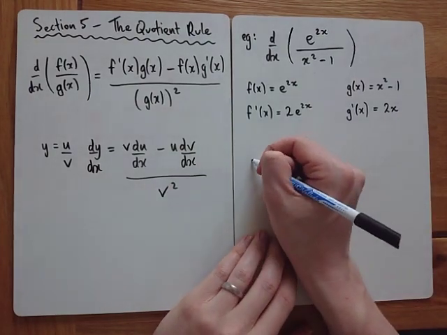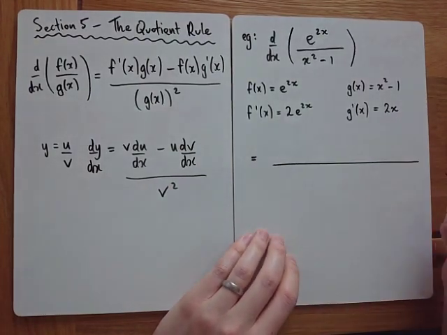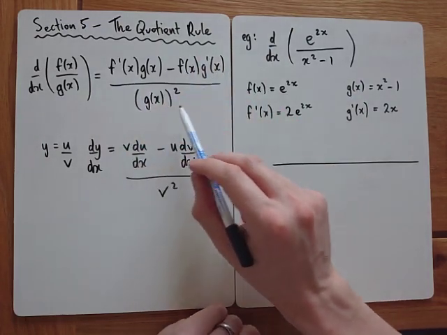I'm going to be careful how I set this out because I've got to multiply a lot of stuff together looking at this formula.